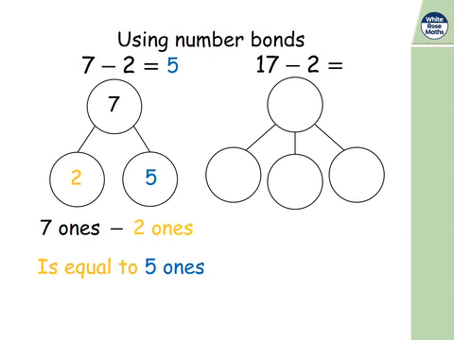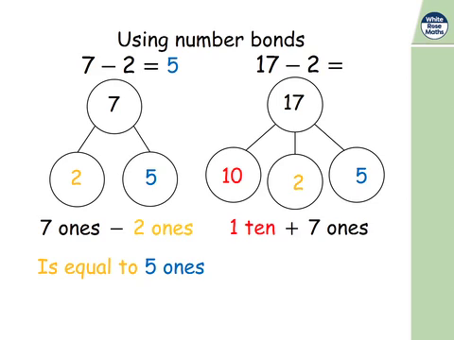17 take away 2. Again, 17 is the whole, and then we need to think about partitioning it. Well, 17 is 1 ten and 7 ones. But we also know that those 7 ones can be partitioned into 2 and 5.